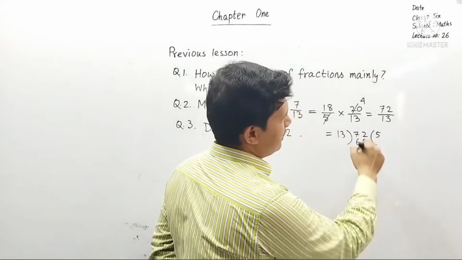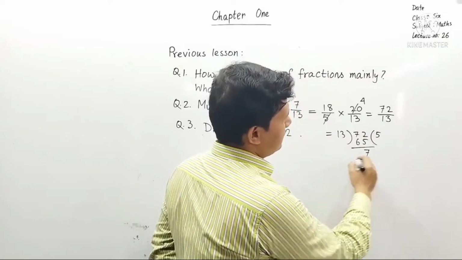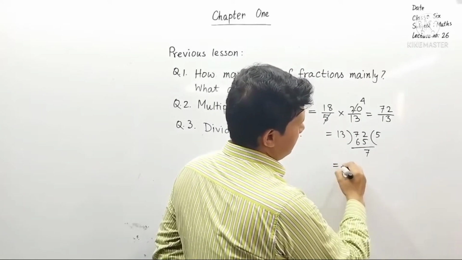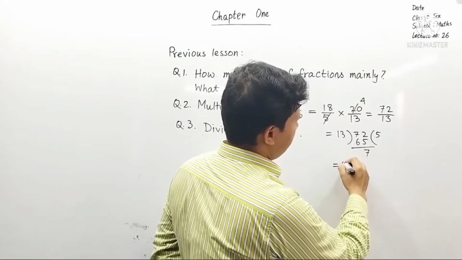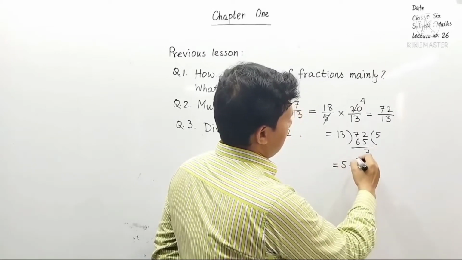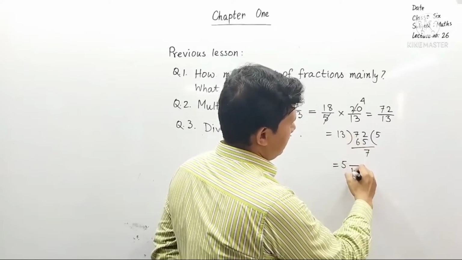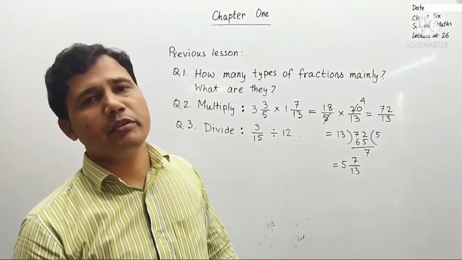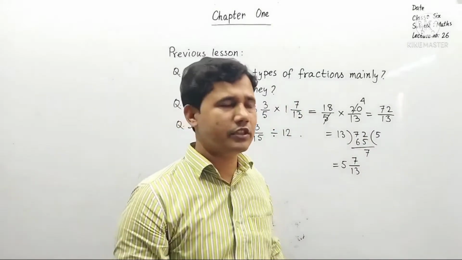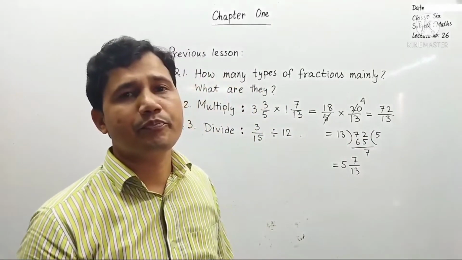Carrying 1, 6 plus 1, 7. Left remainder is 7. So here the divisor 13 will be divided, the quotient will be 5 whole and the remainder 7. It will be a mixed fraction. If you convert into a mixed fraction, you will get this number.